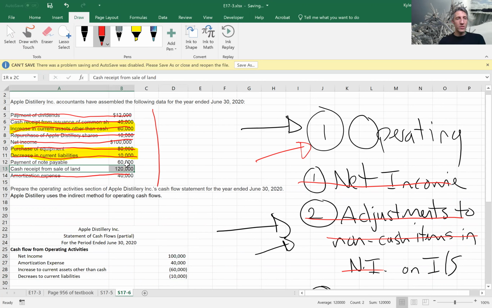And then we only have 2 line items that are left: payment of note payable and cash receipt of sale of land. Remember, we're only doing an operating activities section. It tells me explicitly what my current liabilities are, so I can kind of infer that this isn't a current portion of the note payable.